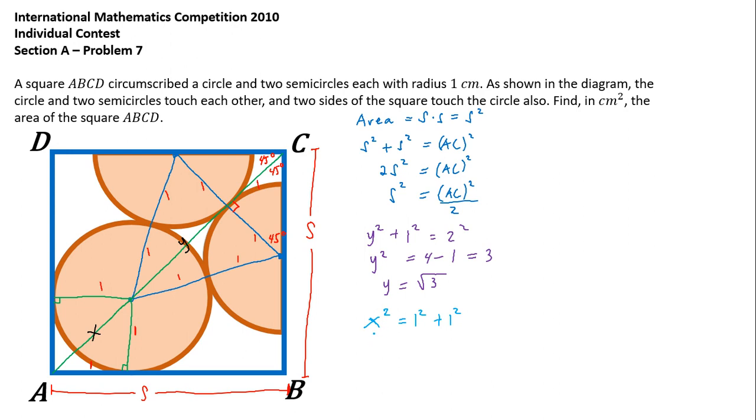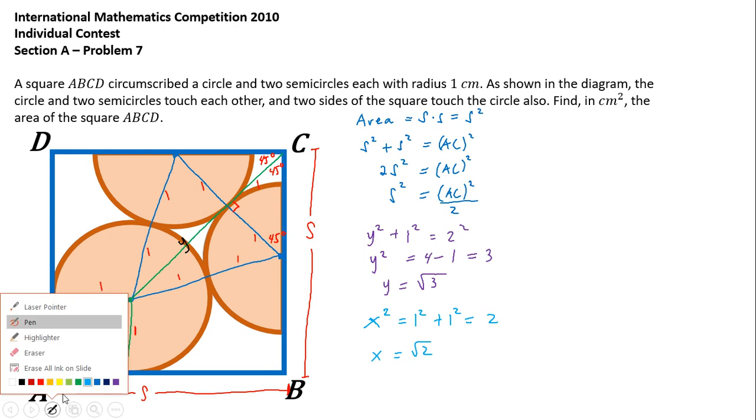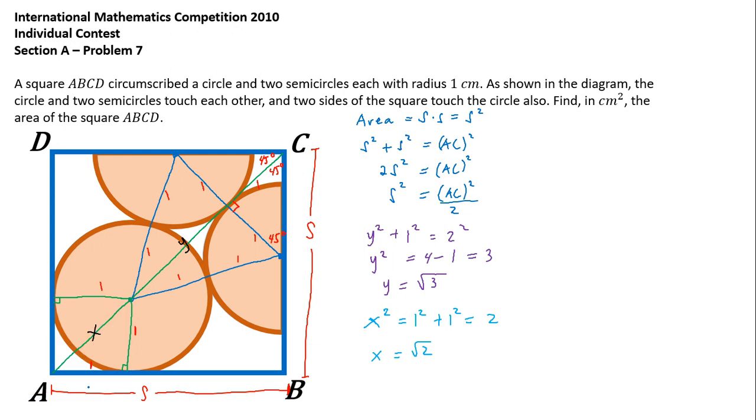So this is equal to 2. And so x is equal to square root of 2. Okay, so now we know what's AC, or the length of AC, right? So AC is equal to square root of 2 plus the square root of 3 plus 1.